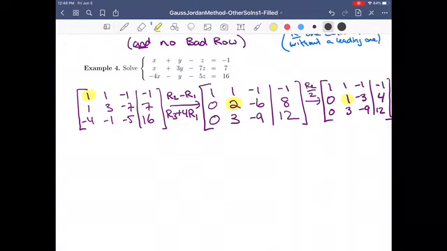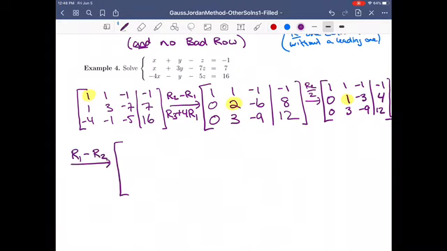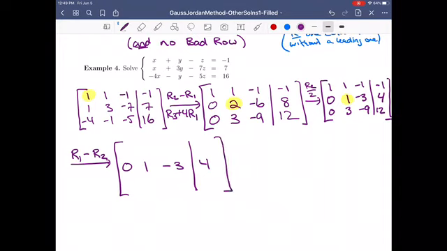Okay, I'm still pivoting around that entry. So I want to make the entry above it in row 1 a 0. So I'm going to do row 1 minus row 2. Now here I'm not changing row 2, so I'm just going to write it right in there, so I know it's not changing. Now I'm going to do 1 minus 0, that's still 1.